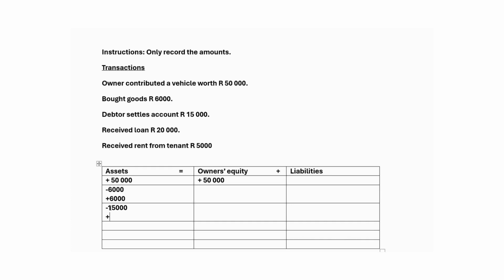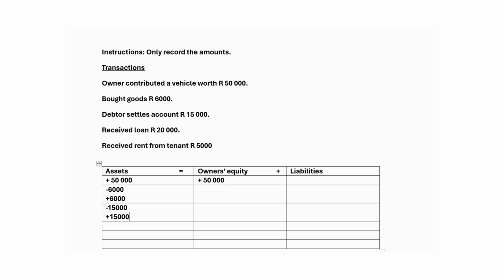And your assets will also increase by 15,000. The reason why your assets increase by 15,000 is because the debtor settles the account, meaning that the business receives money from the debtor, and the bank account of the business will therefore increase.